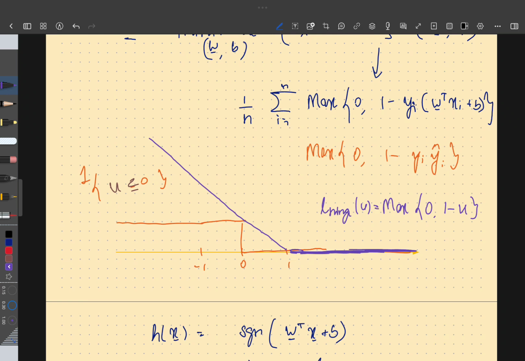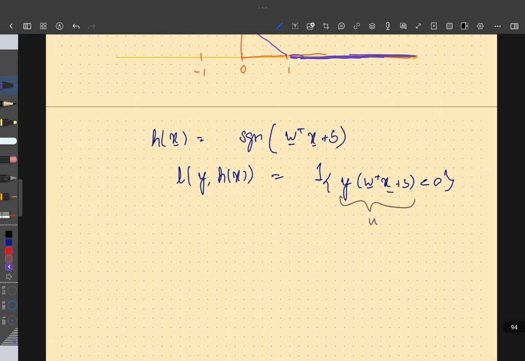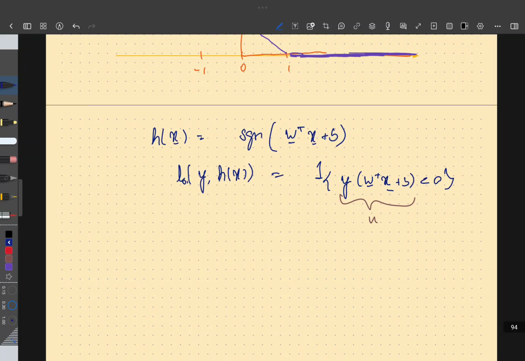No matter what happens, the hinge loss is always an upper bound on the 0-1 loss. So if this is the 0-1 loss, then the hinge loss between y and h of x is always greater than or equal to the 0-1 loss between y and h of x, no matter which predictor you use, in particular for linear classifiers.